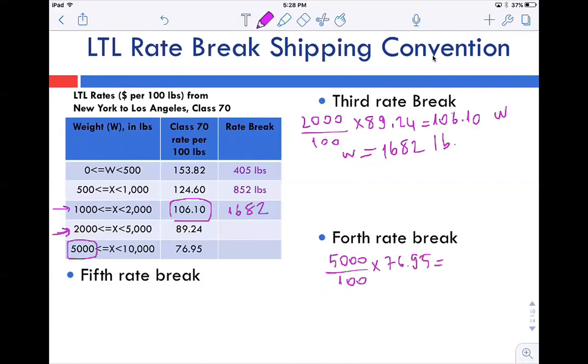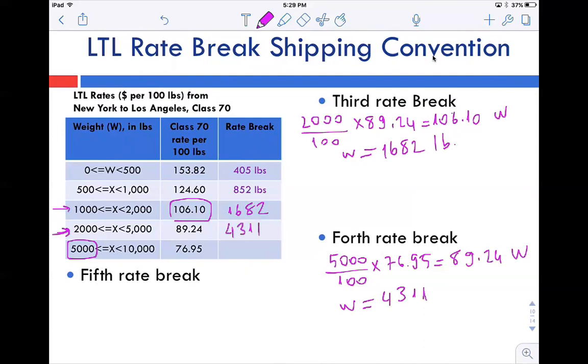76.95, and this is 89.24 times V, and we let V alone, and then we find 4,300 is our next rate break.